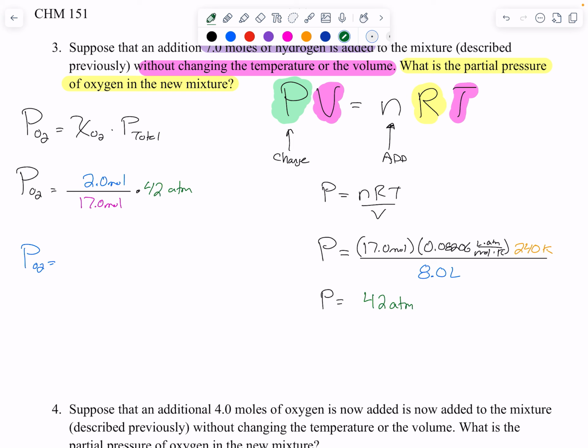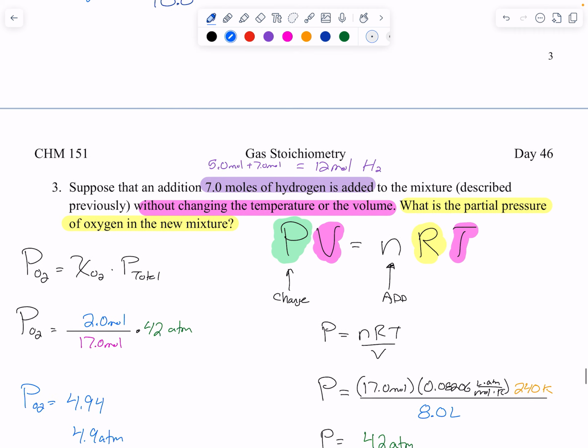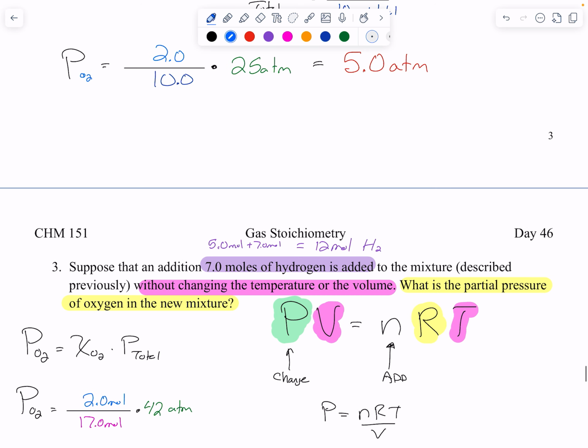So let's try that again. And I get 4.94, so I get 4.9 atmospheres. Now, how does that compare? There. 5 atmospheres.